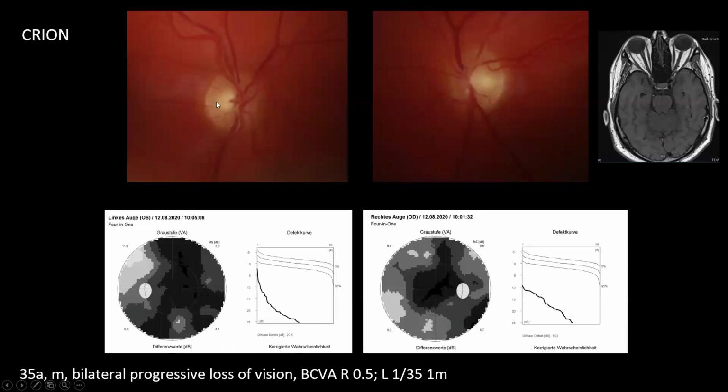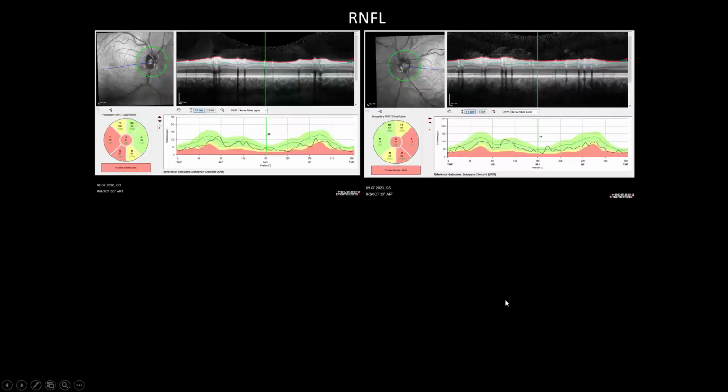You will appreciate a temporal pallor of the optic disc with a normal cupping. And in our OCT examination, strikingly, we see a thinning of the retinal nerve fiber layer in the papillomacular bundle, showing us that it has to be neurologic and it's not typically glaucoma.